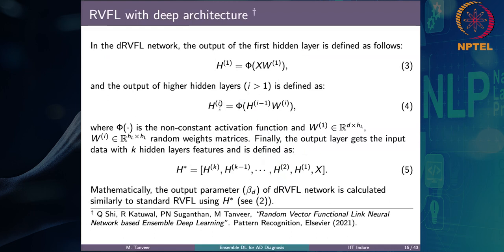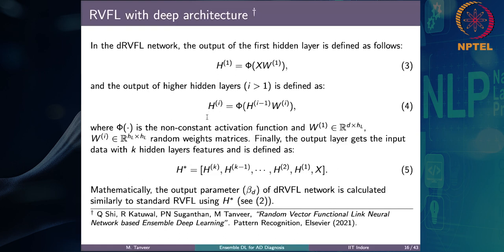So we just write the output of the first hidden layer in equation 3, that is H1 equal to phi of XW. And the output of higher hidden layers can be represented in equation 4, that is Hi equal to phi of Hi minus 1 WR, where phi is a non-constant activation function and W belongs to R with size D cross HL, and they are the random weight matrices.